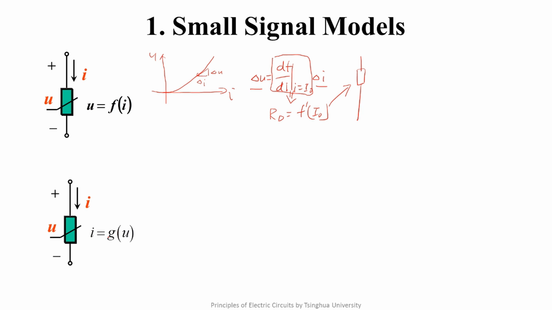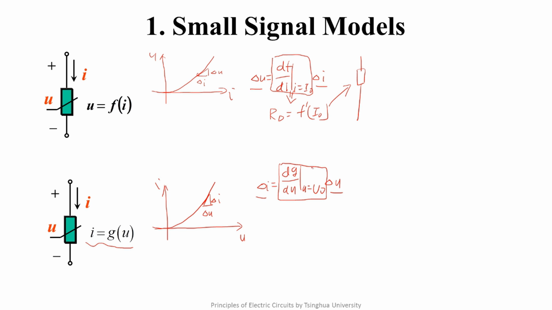Similarly, if it is a nonlinear voltage-controlled resistor, we can also draw its characteristic like this. Similarly, we still use the method of the tangent. This is delta U, this is delta I. Then delta I equals dG over du at the point U equals U0 times delta U. It is a linear algebraic equation about delta I and delta U. We can define it as a dynamic conductance, G prime U0.